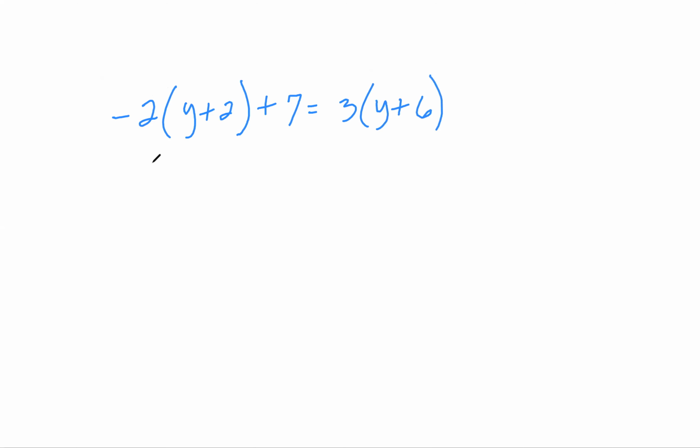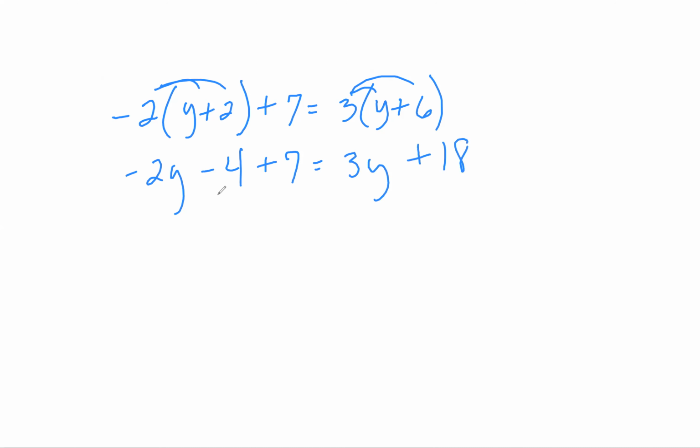All right, so negative 2y, because again, distributive property, negative 4 plus 7, distributive property again. Okay, combine some like terms. You know what?